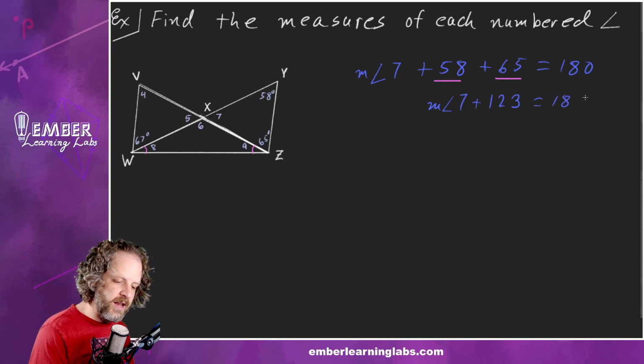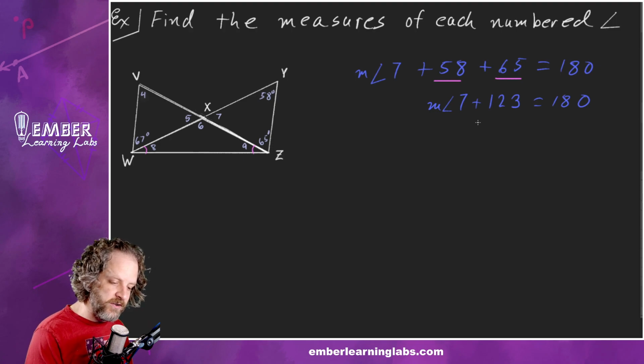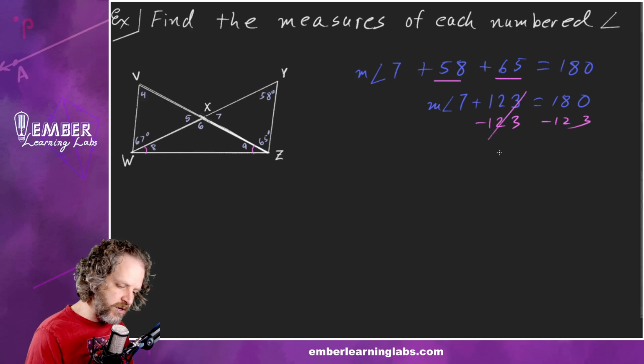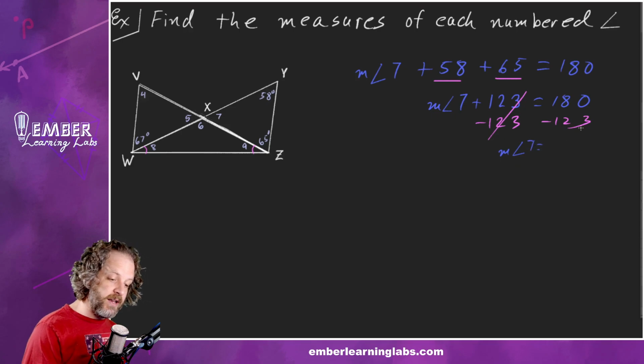Equals 180. So we're going to subtract that 123. So the measure of angle 7 equals 180 minus 123.